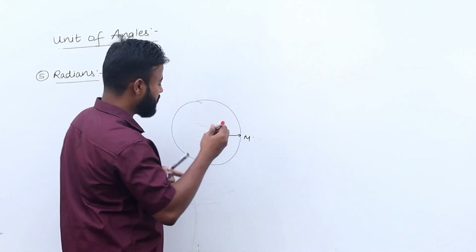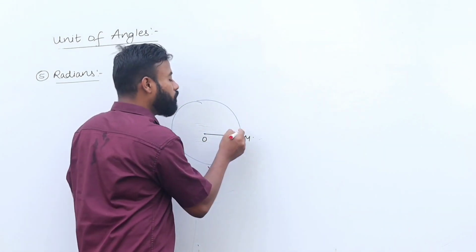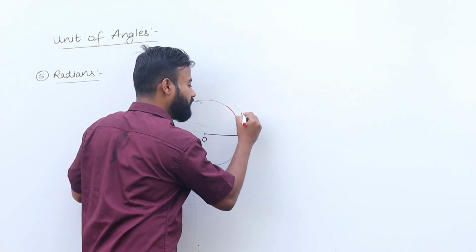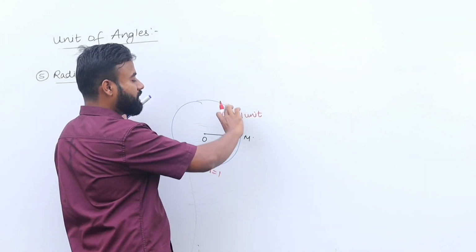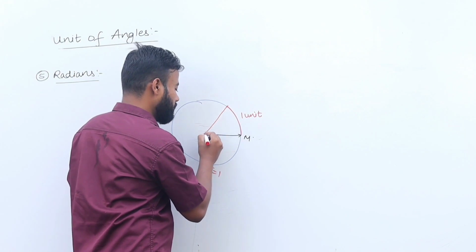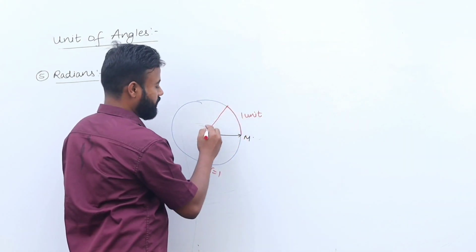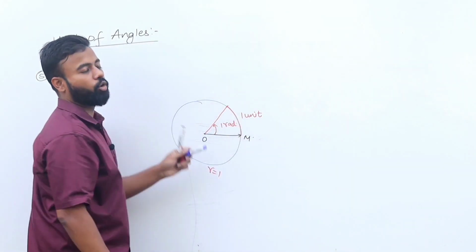Since it is a unit radius circle, we mention r is equal to 1. Now you have to move a unit length on the circumference. The angle this arc length subtends at the center is called 1 radian. This is the angle subtended by the arc of unit length at the center. This is called 1 radian. I hope it is clear.